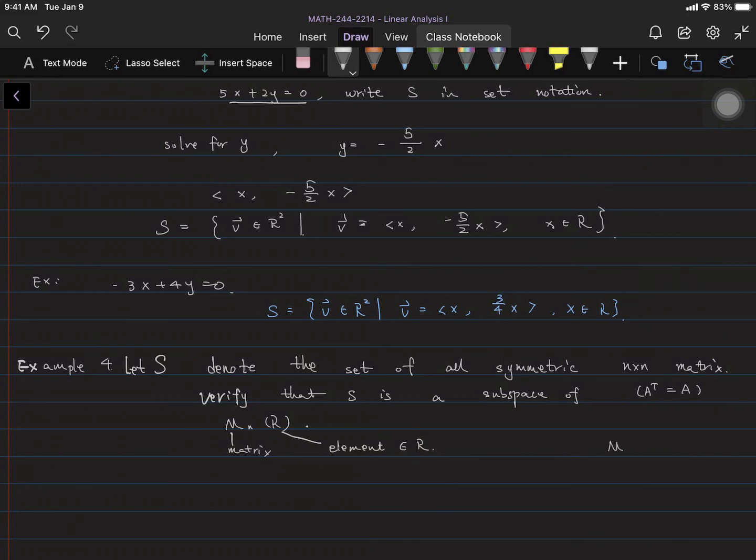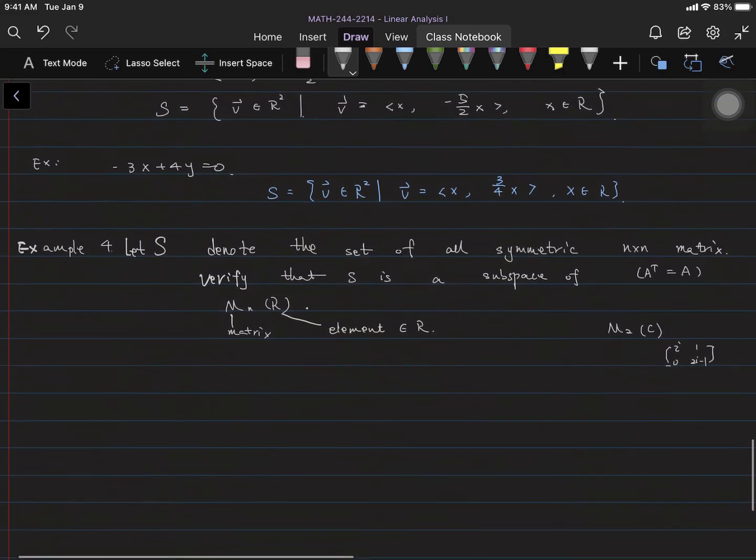In the future, you may see something like this. What's the meaning of that one? This means 2 by 2 matrices, but all the elements may be complex. For example, 0, 2i minus 1 can be complex numbers, something like that.